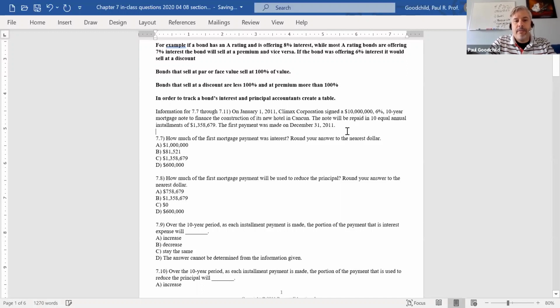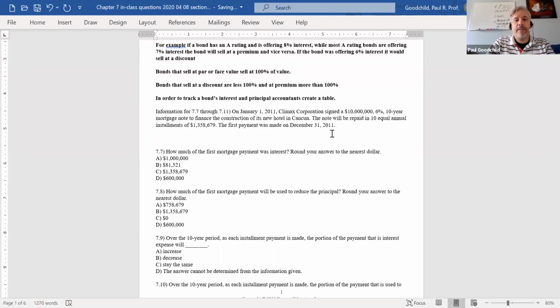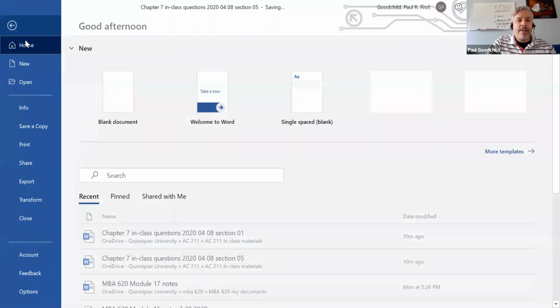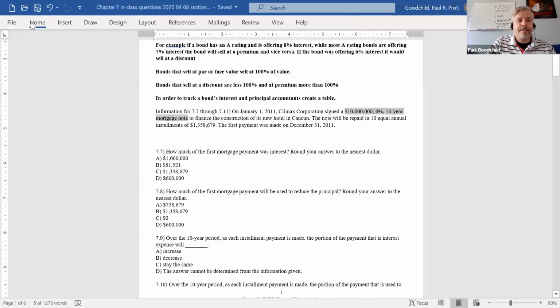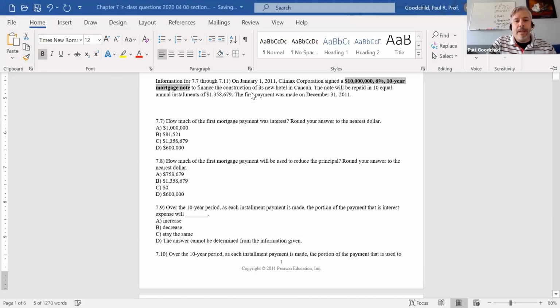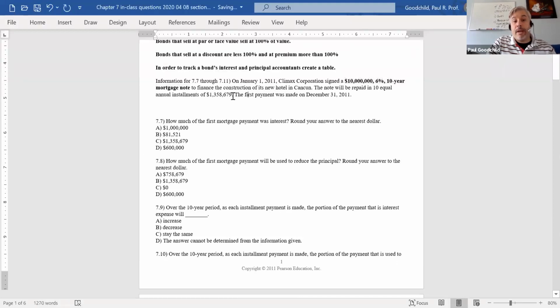And so we have, for example, 7 through 11, company assigned a $10 million, 6% 10-year mortgage note to the financial institution. Now, bonds can have the option of being able to pay the principal at one time at a later date, or it can be paid in installments. And in this case, this is 10 equal annual installments.